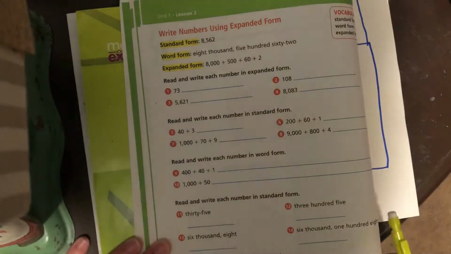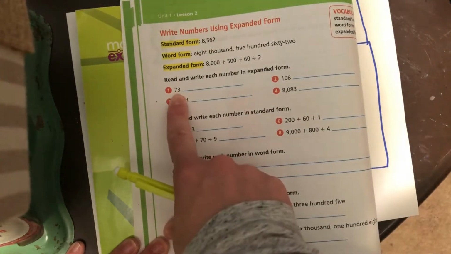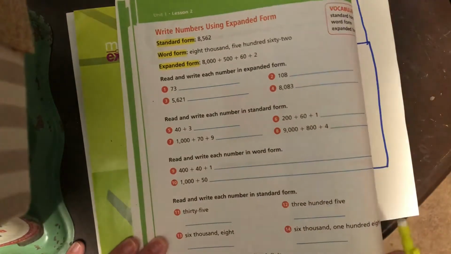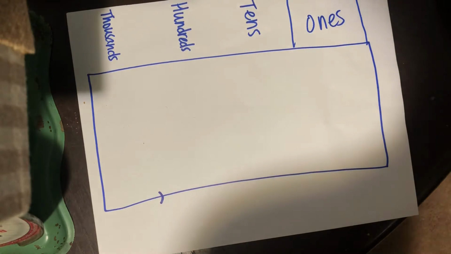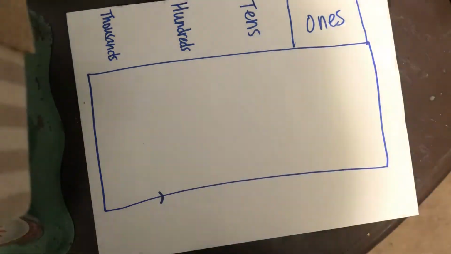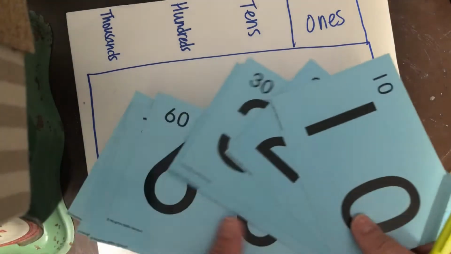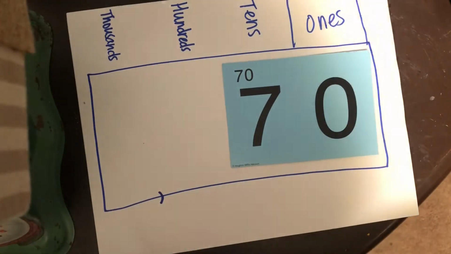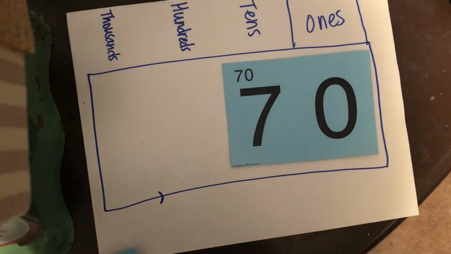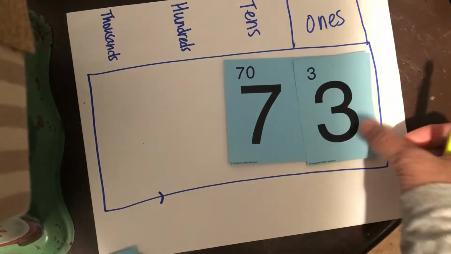So the way that you can do that is make the numbers with the blue cards. So if I were to make 73, I need to find my 70. So we got 70 and 3 ones right there.